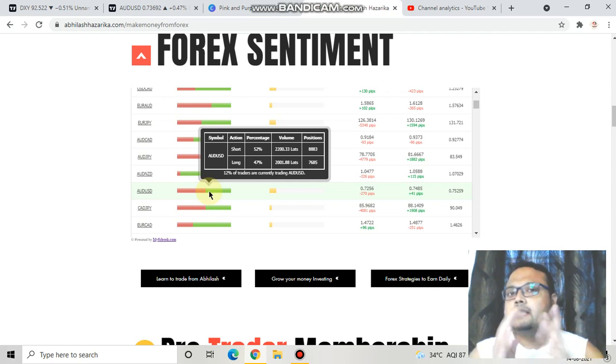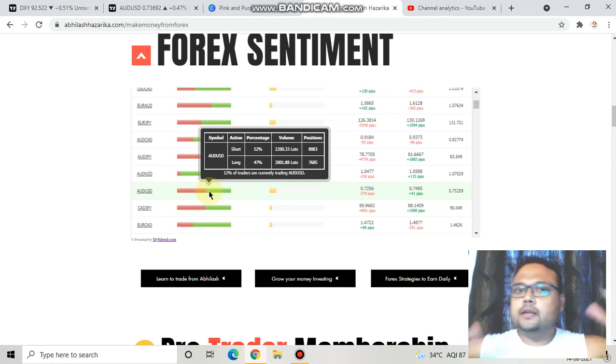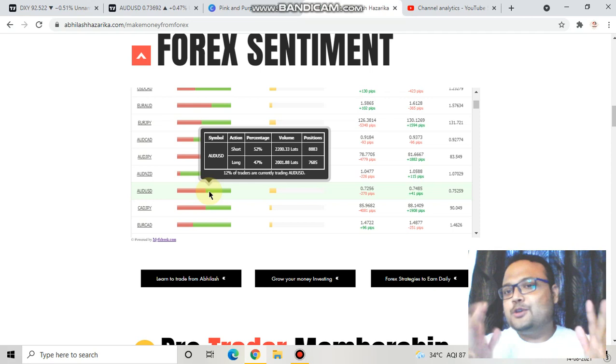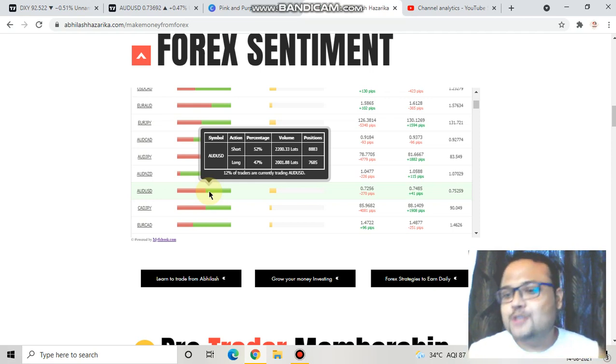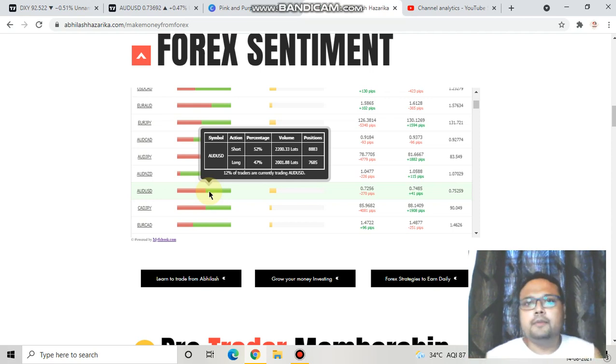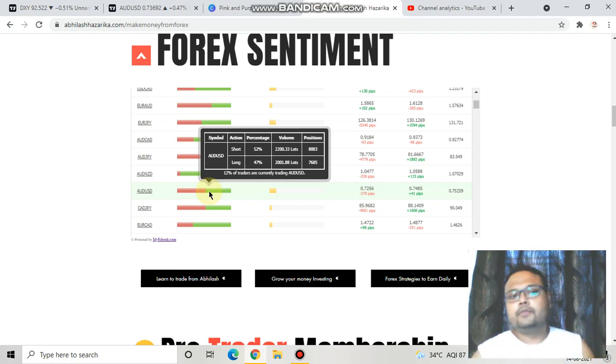Keep in mind that this sentiment meter shows us mainly the sentiment of retail traders. You can see that retail traders are also quite confused right now. They have not taken any position in a particular direction yet. They are also in a dilemma about which direction the market will be moving. Therefore, from the Forex sentiment meter we have nothing.